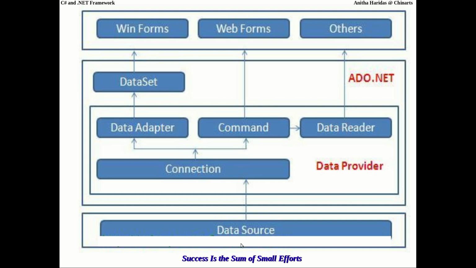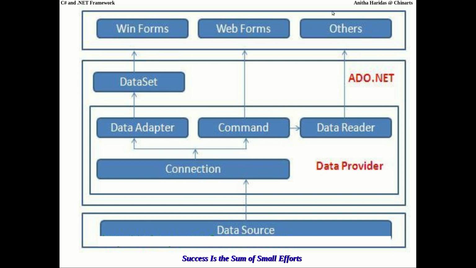Another diagrammatic representation is here, where your window form, web form or any other application can communicate with ADO.NET. So ADO.NET is using two components. One is a data provider, the other one is a data set. And your data set or your data provider can be connected to your data source.